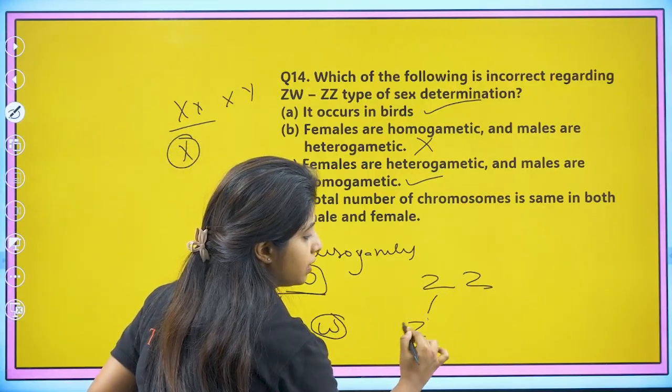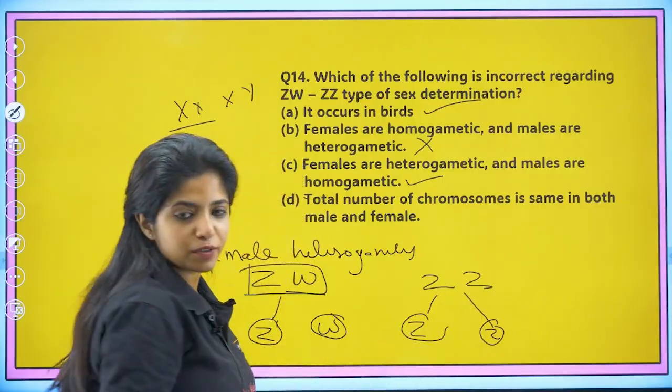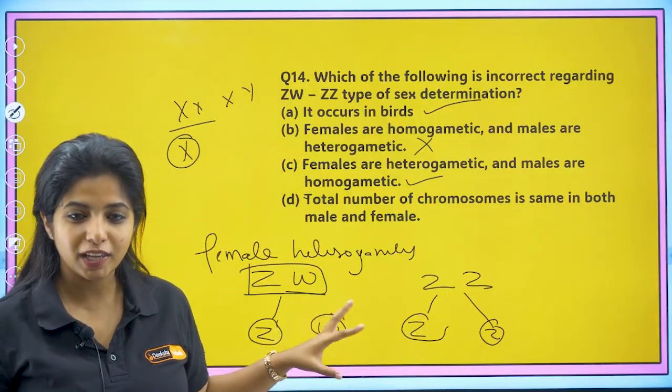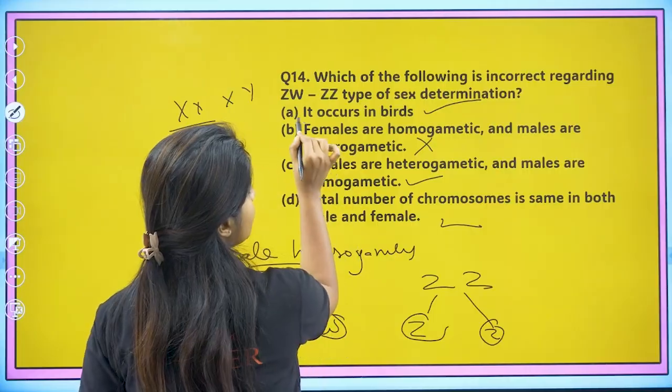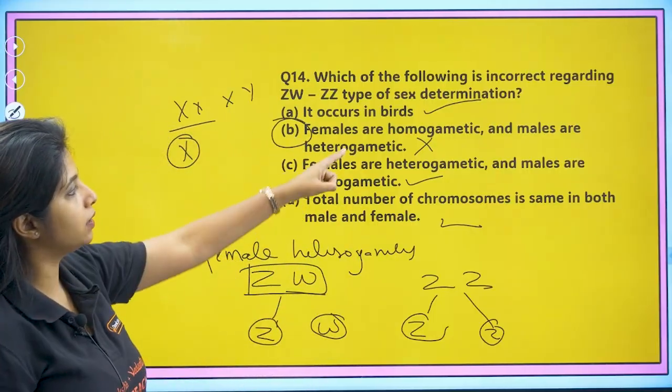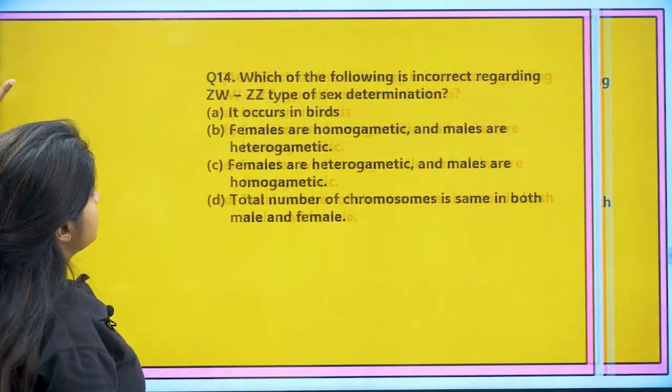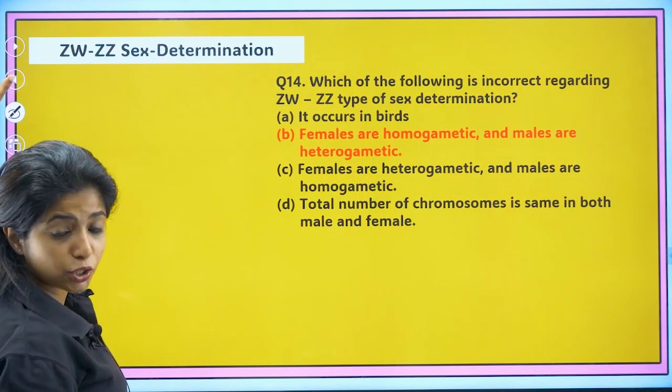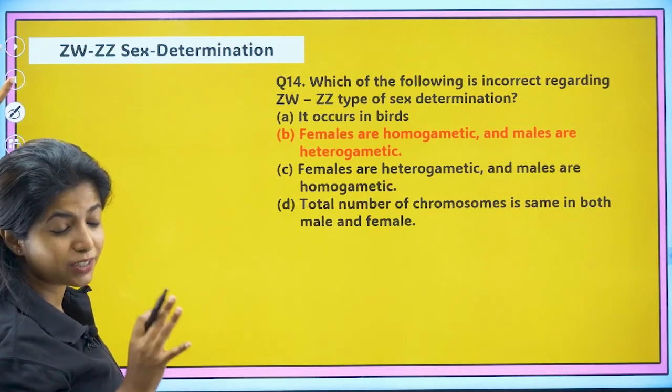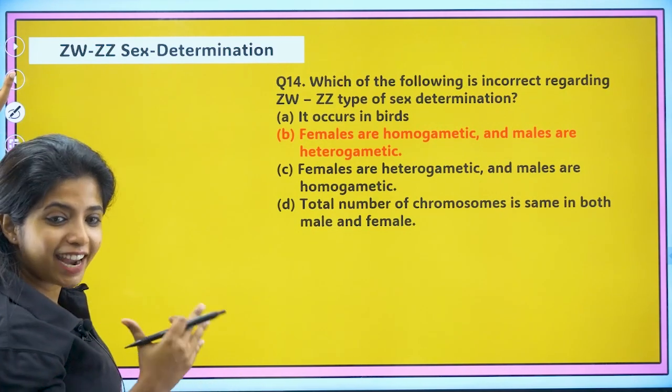Similarly, in the case of males, either this or this. Anyway, one chromosome is being passed down, so the number of chromosomes remains the same. So over here, what is the odd one out? Which is the incorrect one? This is the one. This is ZZ-ZW type of sex determination. Always remember, it's the only condition where females are heterogametic.